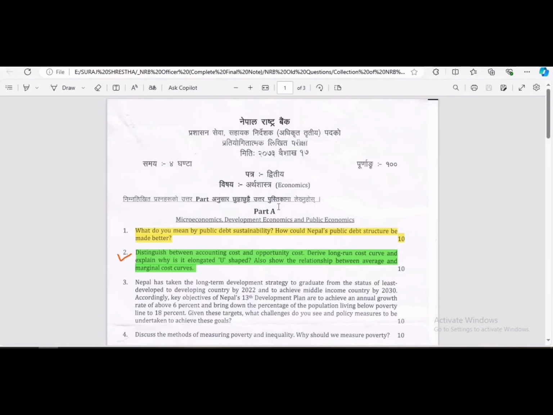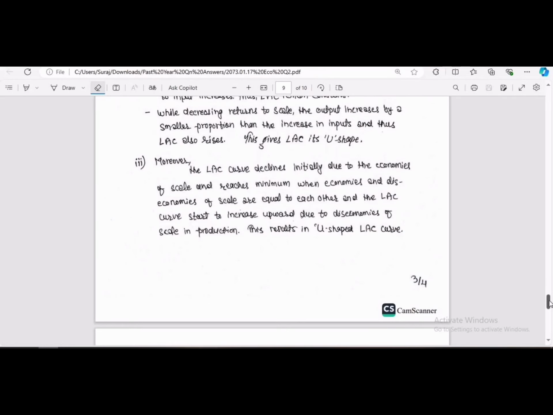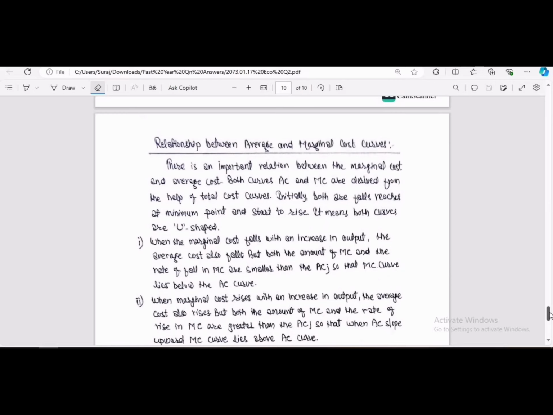Now it's time for another question: show the relationship between average and marginal cost curve. We have written and underlined the topic. There is an important relationship between the marginal cost and average cost.